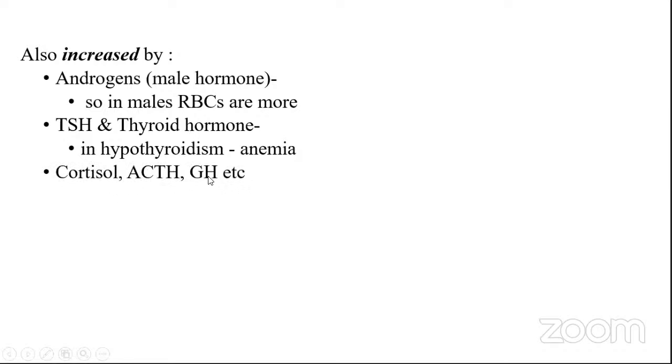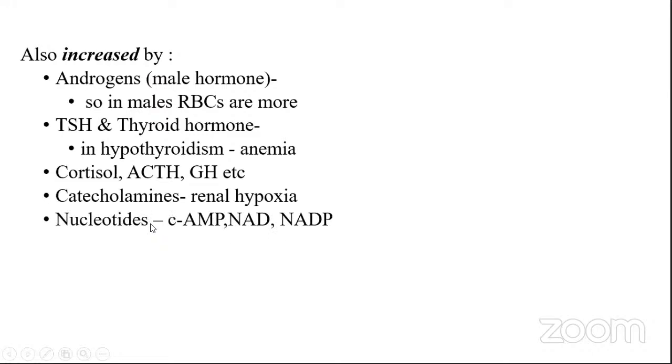Cortisol, ACTH, growth hormone, etc. increase the secretion and release of erythropoietin. Even catecholamines, which cause hypoxia, will trigger the release of erythropoietin. Also some nucleotides like cyclic AMP, NAD, NADP will enhance the production of erythropoietin.